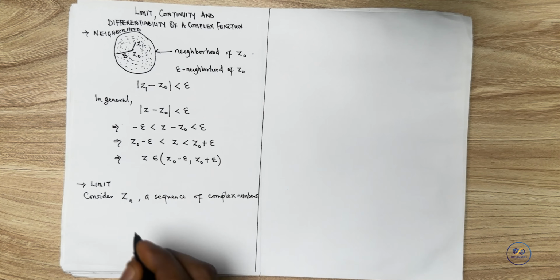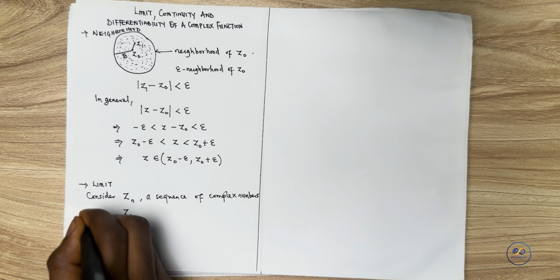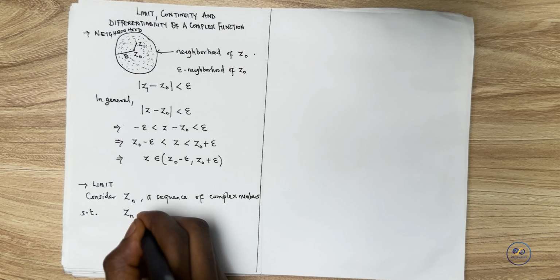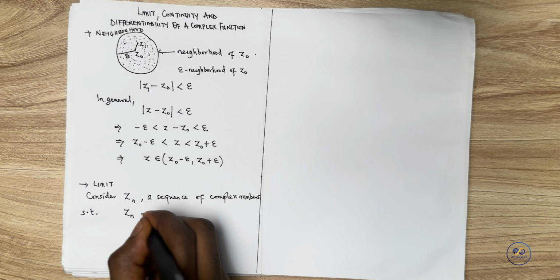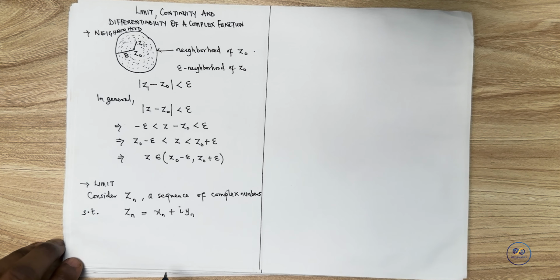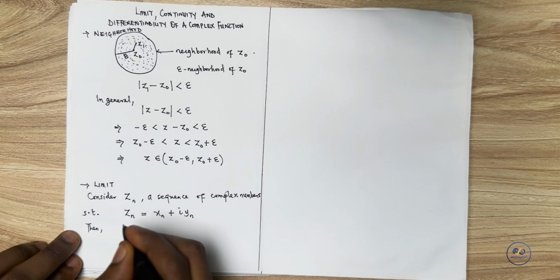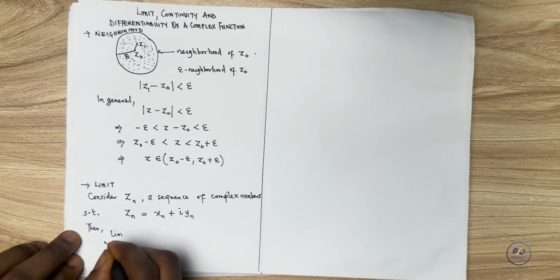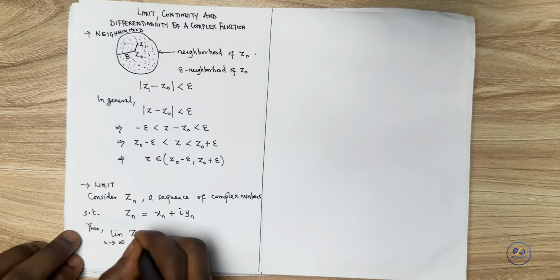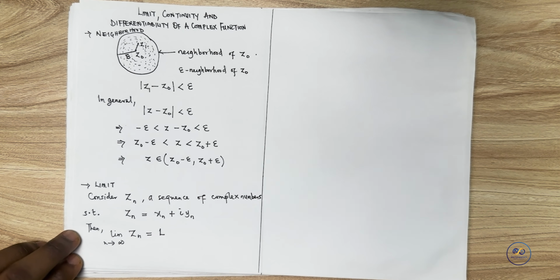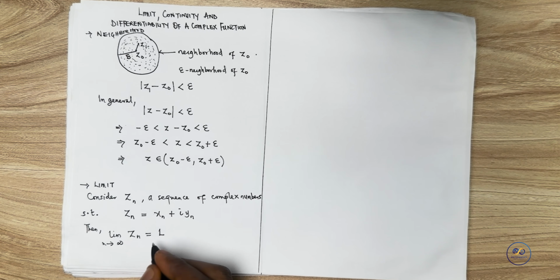Now, of course, if it's a complex number, it means that we can split Zn into xn plus i yn, where this will be the real part of the sequence and this will be the imaginary part of the sequence. Then we say that Zn will converge to a particular limit if the limit as n tends to infinity of Zn equals L. So in this case, we have said the limit of Zn is L. So if the sequence converges, then it converges to its limit.